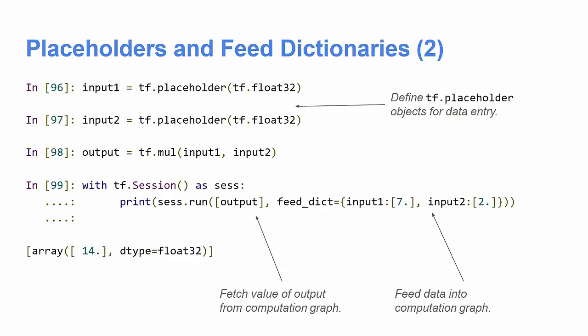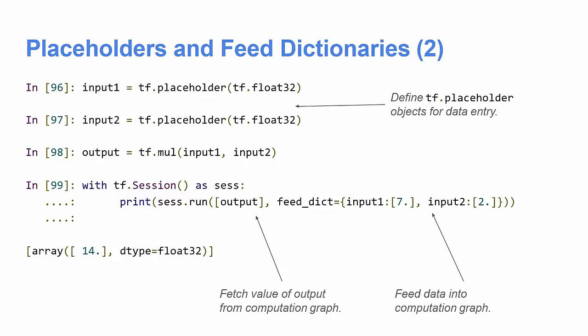Placeholders in feed dictionaries. If we have a placeholder input1, we can write input1 equal to tf.placeholder(tf.float32) and input2 equal to tf.placeholder(tf.float32). So it will create a placeholder which is of type float. Similarly, we can write an output function which is tf.mul(input1, input2).